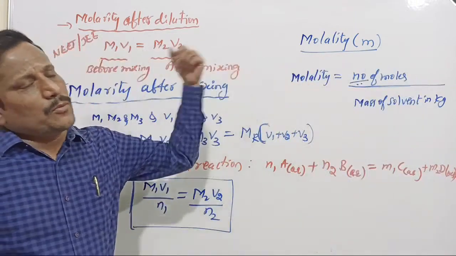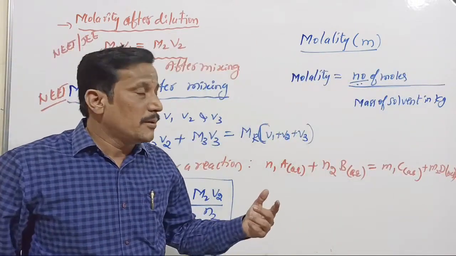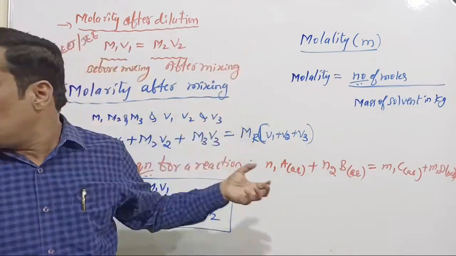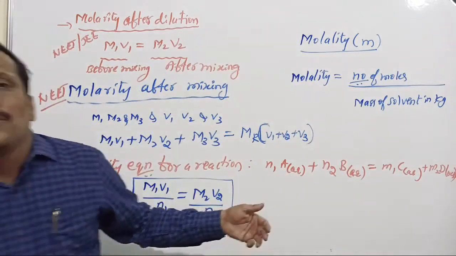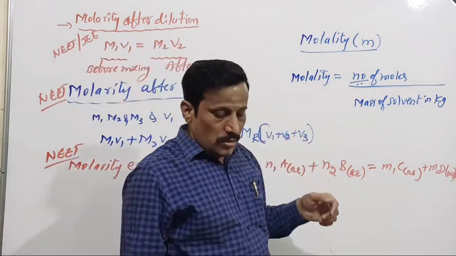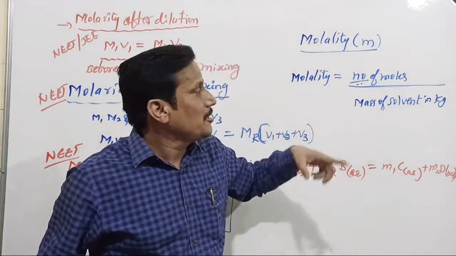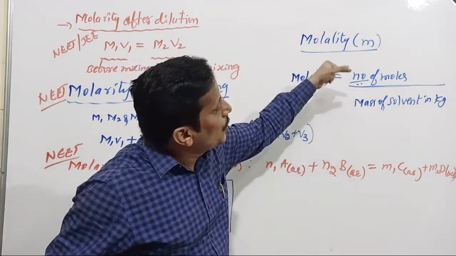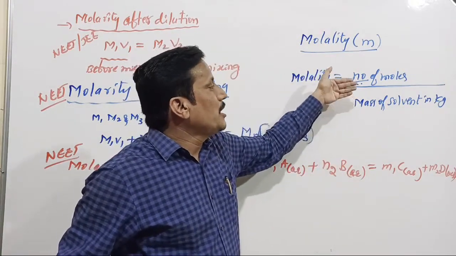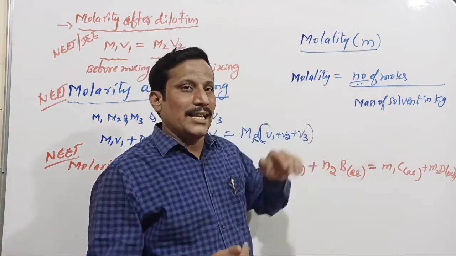Same thing. For molarity, you used to take the number of moles divided by the volume of the solution in liter. But here I am taking molality as the number of moles divided by the mass of solvent in kg.